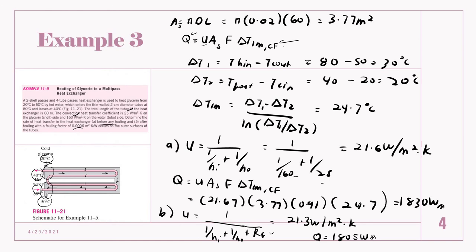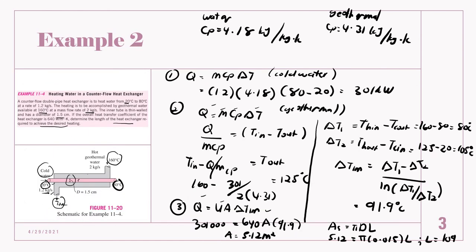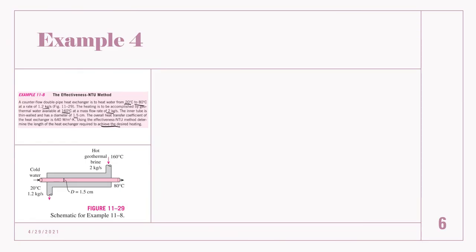Basically, this example is the same as example 2, but this time we need to use the NTU method. First things first, you need to calculate the heat capacity for the hot fluid and also the cold fluid.